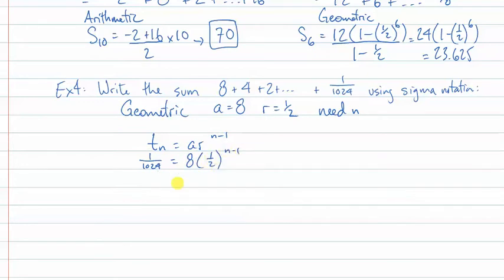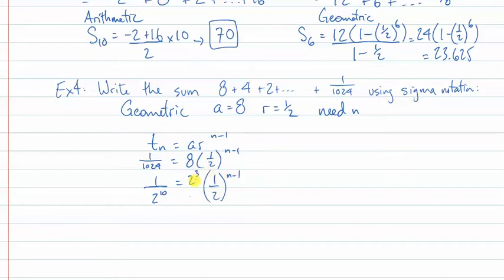All right, so 1024, we should try to figure out what this number is using a base of 2. And if we do a little bit of experimentation, we will find that it is exponent 10. This is 1 over 2 to the 10. Now 8 is 2 cubed.